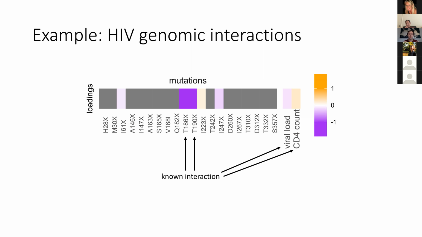And that's actually a known interaction. T186 is an HLA escape mutation that, in the absence of T190, reduces replicative capacity. But when you combine it with that T190 mutation, the replicative capacity is restored, and it then can escape the immune system better. So this is something I'm excited to explore, using this to look for interactions between genes and how those interactions actually affect quantities of interest.